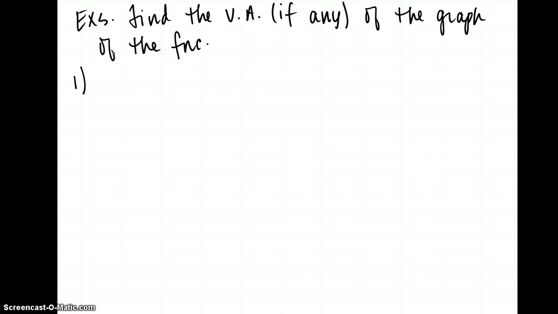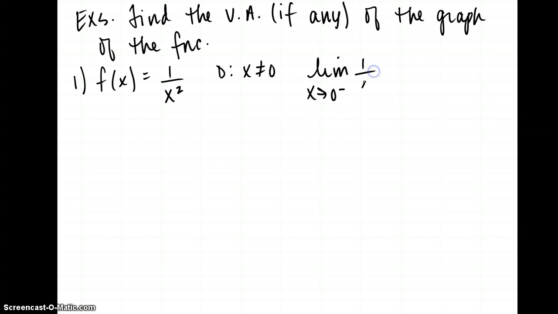Let's look at f of x equals 1 over x squared. So when attempting to determine vertical asymptotes, find where the denominator can equal 0, and then look at the one-sided limits. Limit as x approaches 0 from the left-hand side.